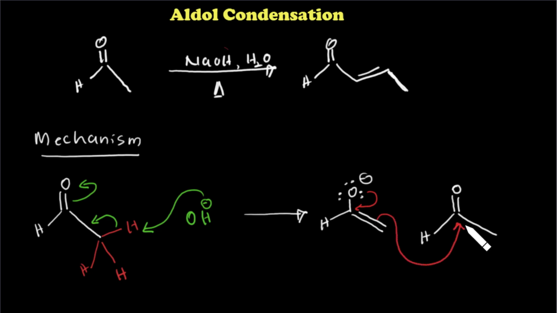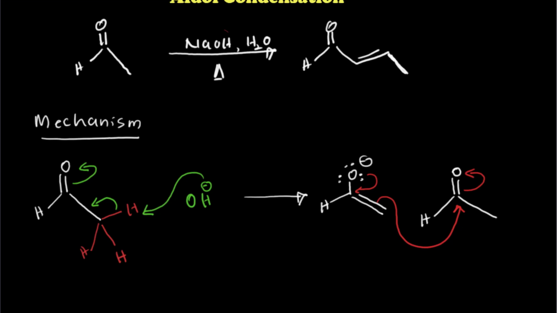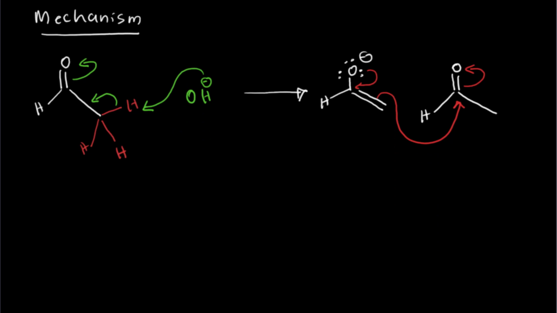You can see this is the nucleophile, and this carbon, because of the carbonyl, is a little bit electrophilic. So the nucleophile attacks this electrophilic carbon directly and breaks this bond. Then we have this intermediate.